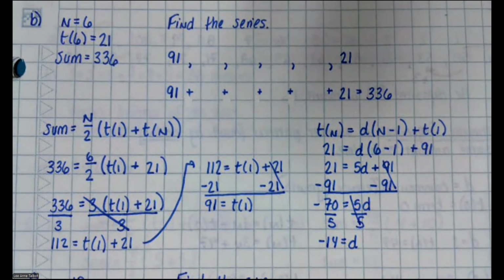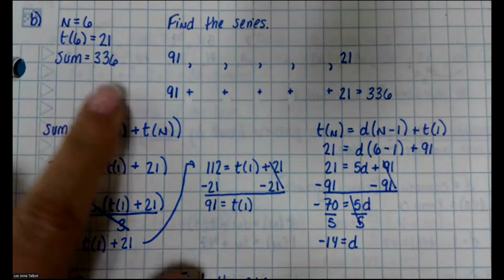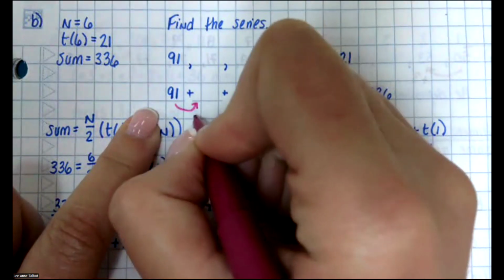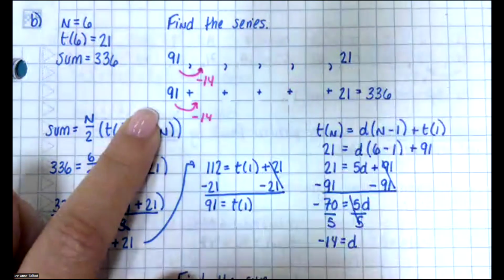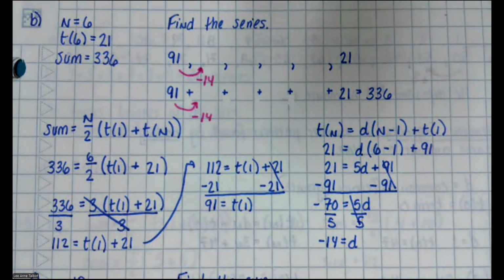Okay, now does that make sense for D to be negative in this problem? Yeah, so I'm gonna put, okay, so 91 minus 14 is 77.